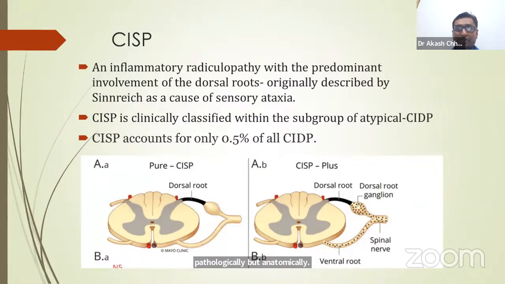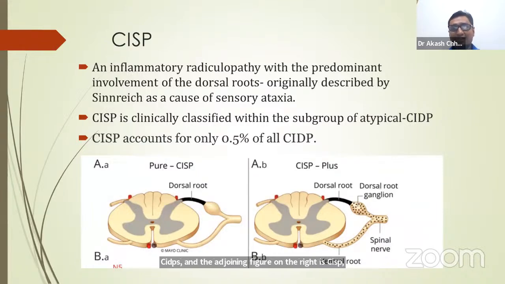So it is an inflammatory radiculopathy which affects the dorsal root and causes sensory ataxia because it is a proximal root affection. It is seen in 0.5% of all CIDPs. And the adjoining figure on the right is CISP plus, wherein the dots show other part involvement also.